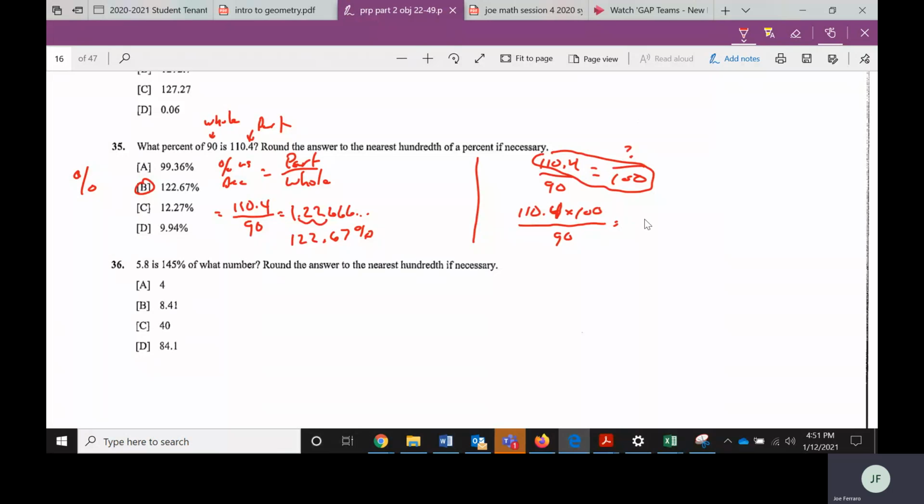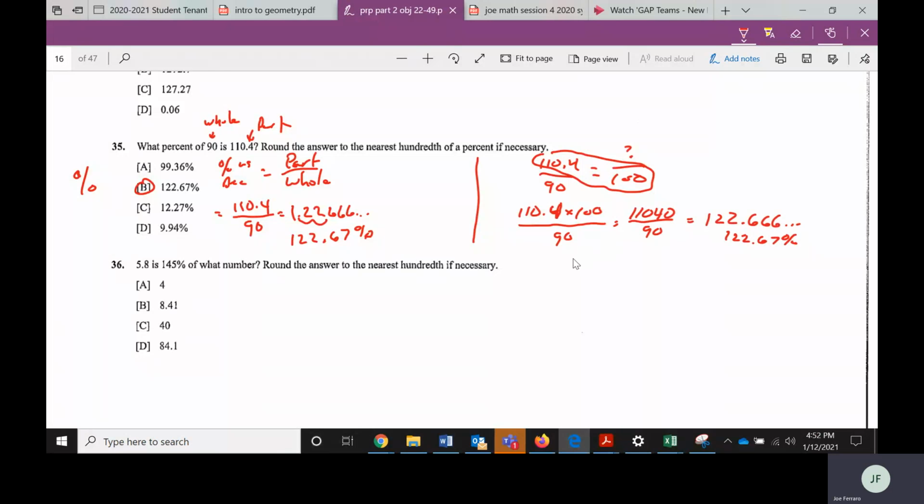Divide by 90. So we get 11040 divided by 90. We're going to get this. Again, if you round that, it's 122.67%. Okay.